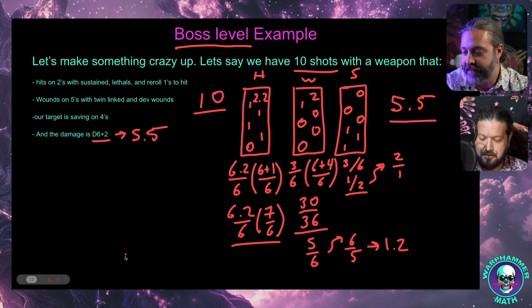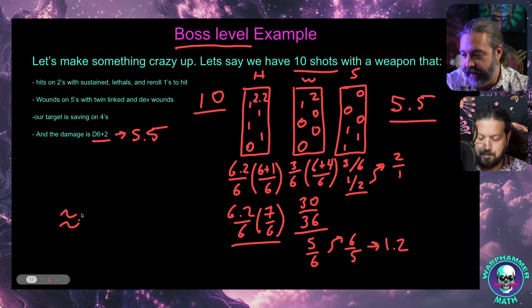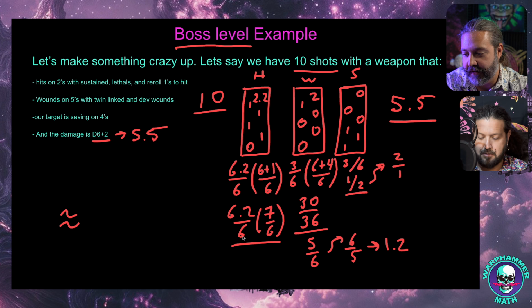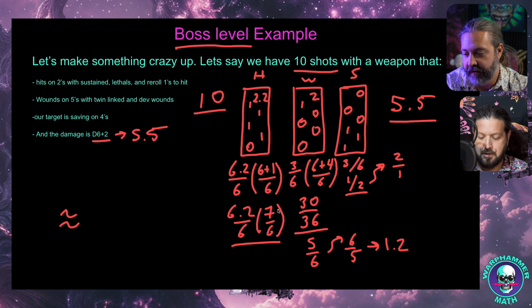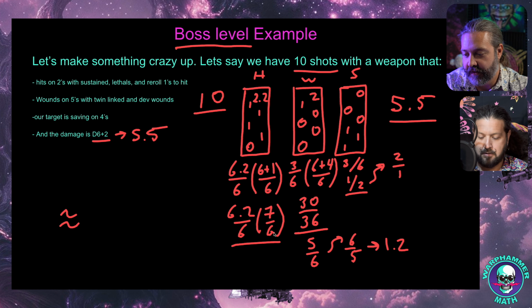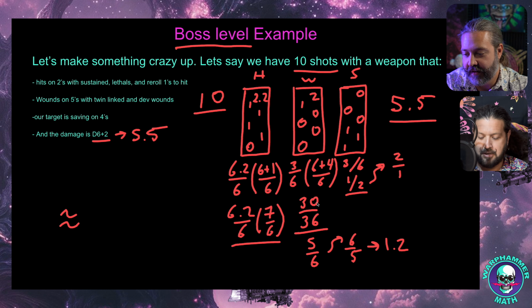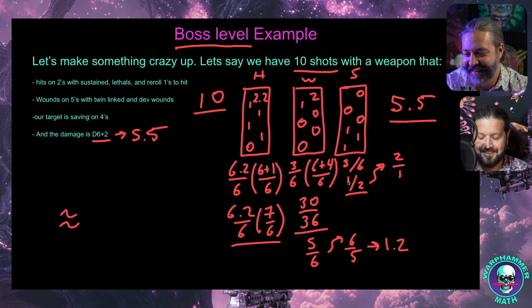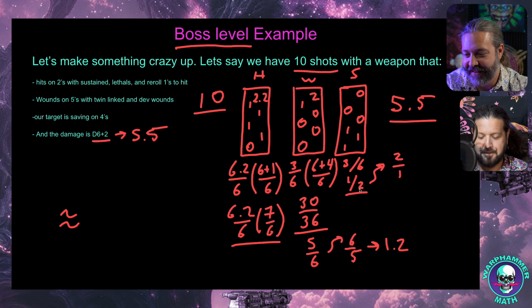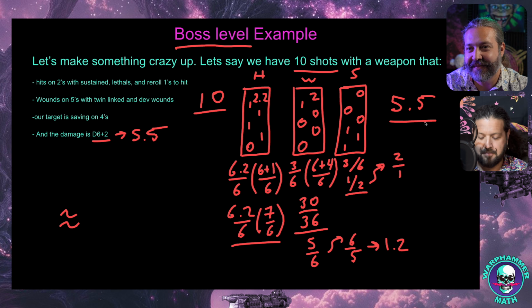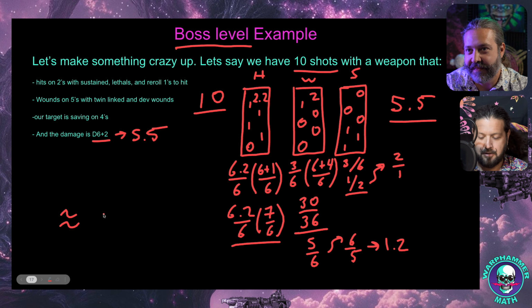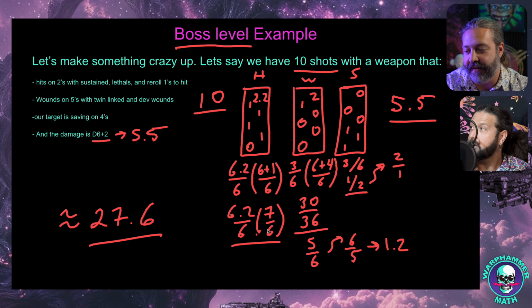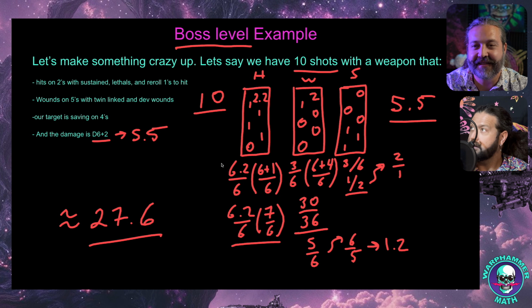Should we figure it out real quick? 10 times 6.2/6 times 7/6 times 30/36 times 1/2 times 5.5. We have 27.6 damage in this really crazy case.